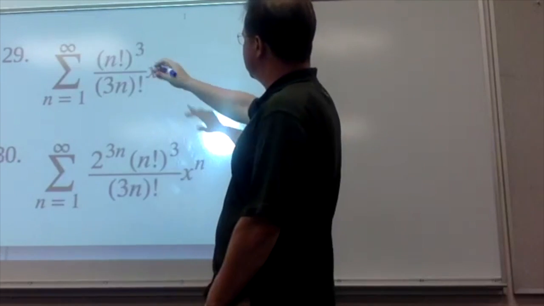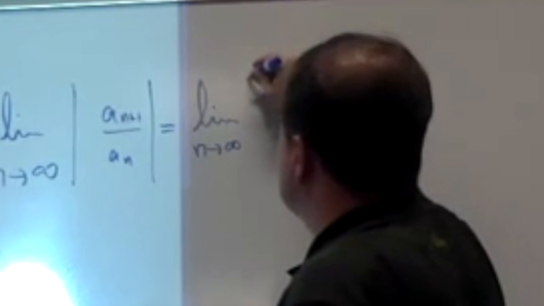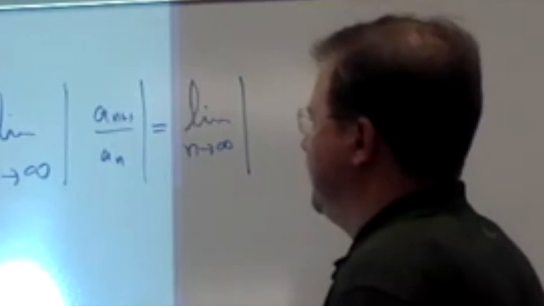So in this case, the ratio test says we need to consider the limit as n gets huge of the absolute value of a sub n plus 1 over a sub n, and see what you get. That is to say, the absolute value of, I'll go ahead and do what I saw you guys doing. You just went ahead and simplified the fraction in the first step.